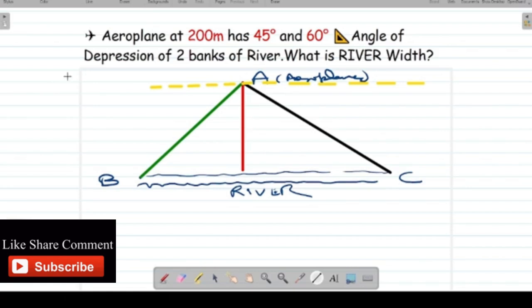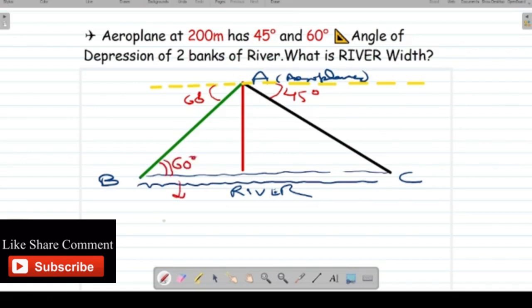So here the aeroplane is at position A, and from this, angles of depression of 45 degree and 60 degree. Let us say this is 45 degree of depression and this is 60 degree of depression. By alternate angles, if this angle is 60 degree, then definitely this angle will also be equal to 60 degree.